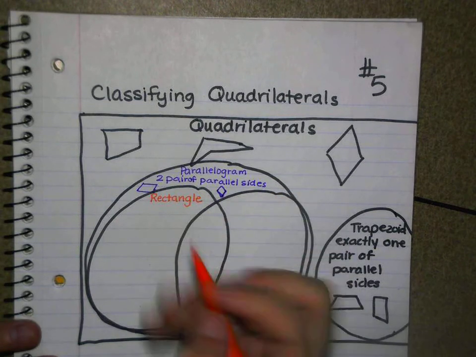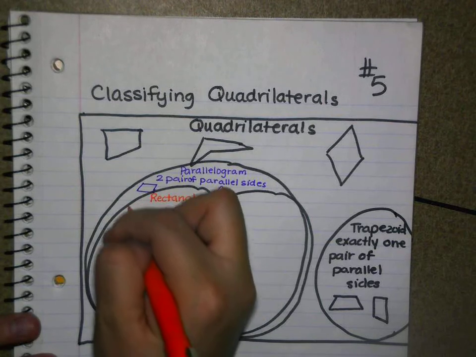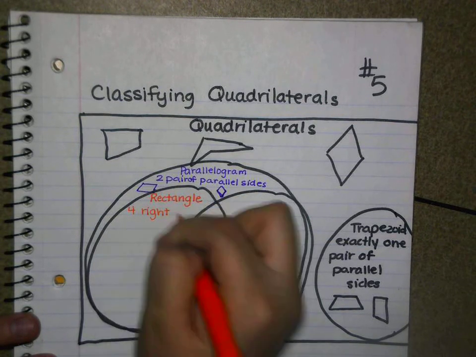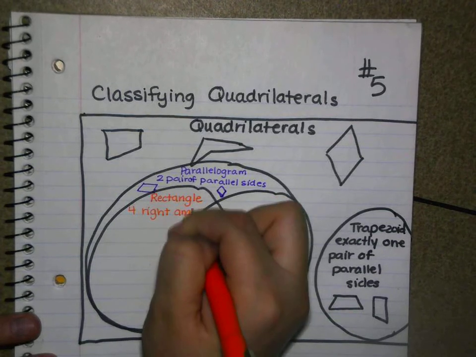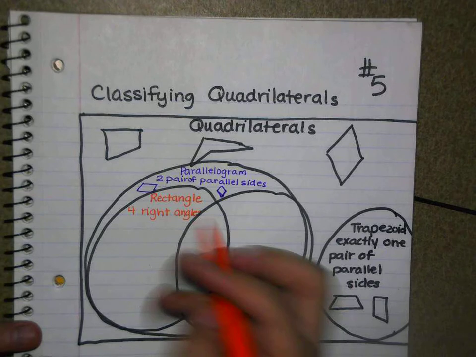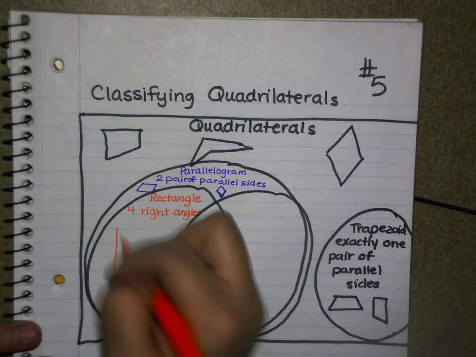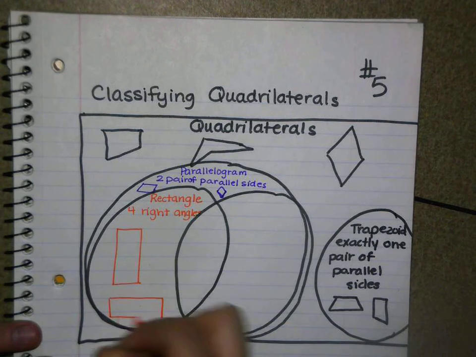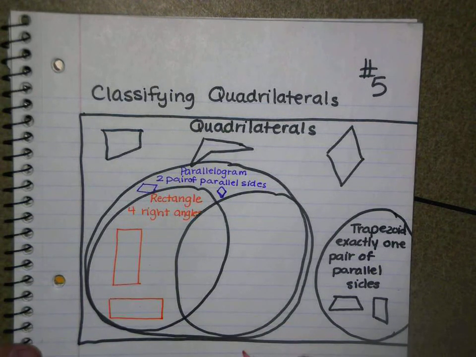And a rectangle, we know it's the rectangle because it has 4 right angles. And we would then say that this would be something like this. These are 4 right angles. Or it might be something like this. These are all rectangles, right?